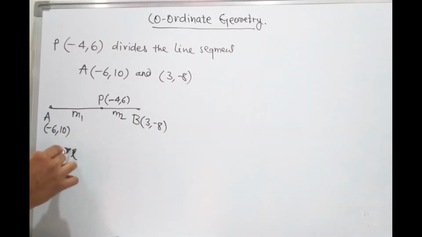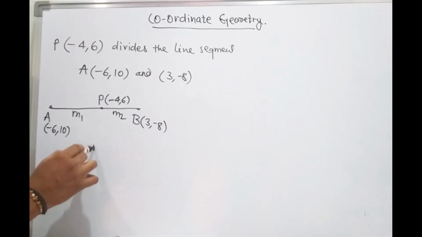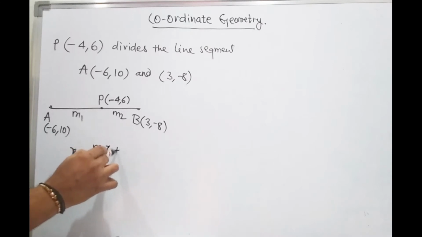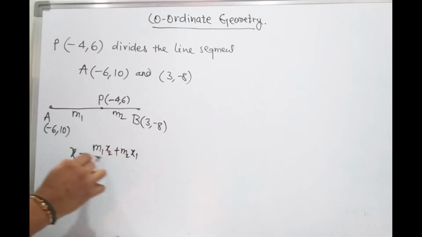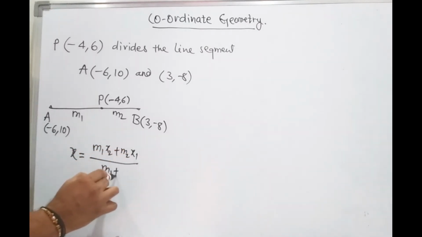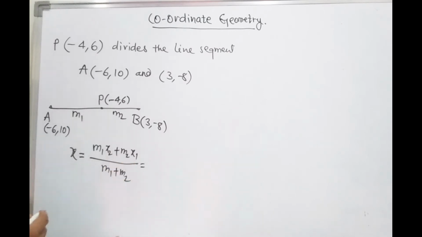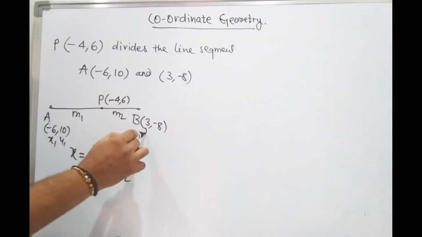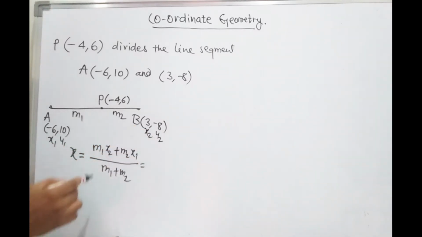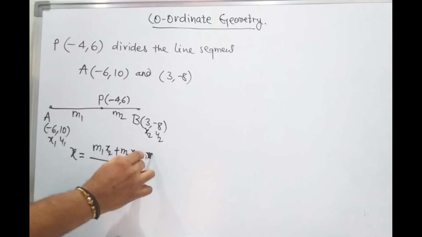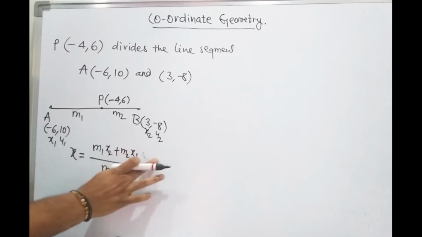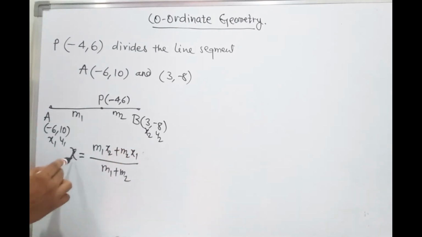Now here I will write the section formula. So x is equal to m1 x2 plus m2 x1 upon m1 plus m2. Now here I will label this as x1 y1 and this is x2 y2. So we don't know the value of m1, so I will start from here. x is -4, coordinate of point P is given.